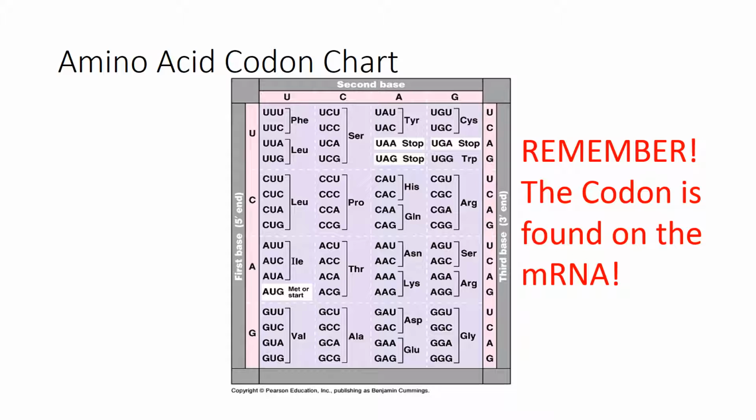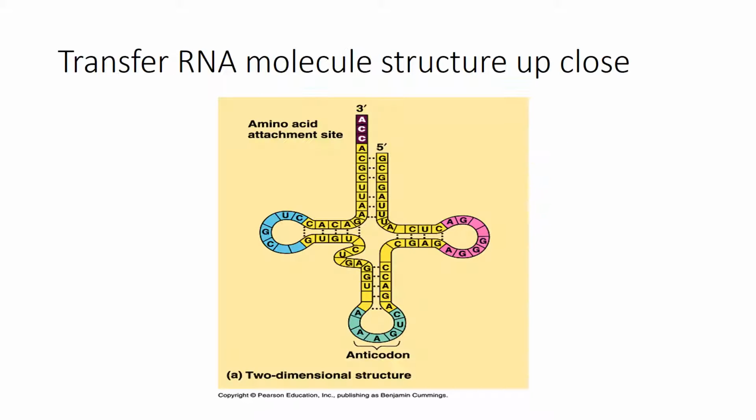So if I had a codon that was UUU, which stands for phenylalanine, that's the very first codon on the upper left-hand picture of the diagram, its anticodon would be AAA. Just wanted to let you know, and that would be found on the transfer RNA, and that transfer RNA would be bringing in a phenylalanine amino acid.